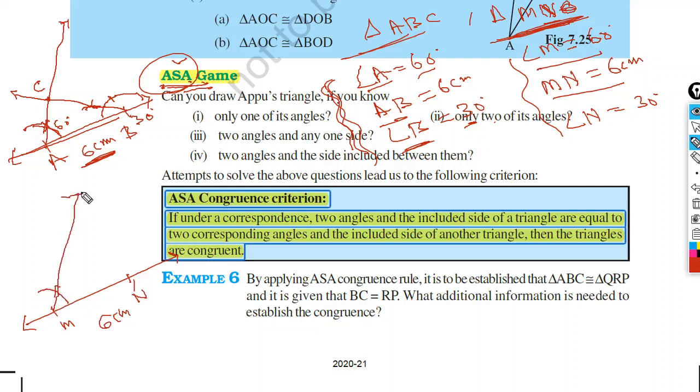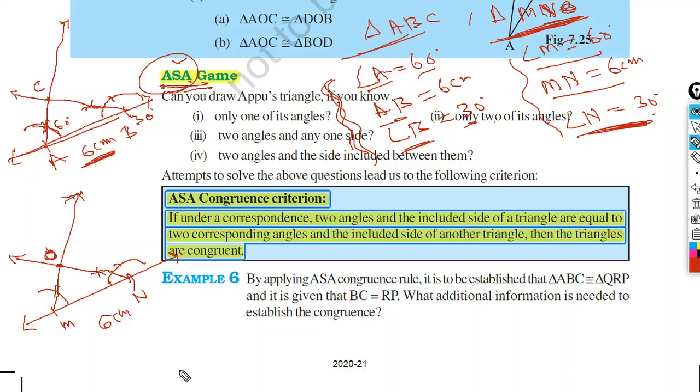Extend the ray. Then at point N you have to draw angle N equal to 30 degrees. So draw 60 degrees first, then bisect that angle, you know how to bisect it. Now extend. Where the two rays cross, name it point O.